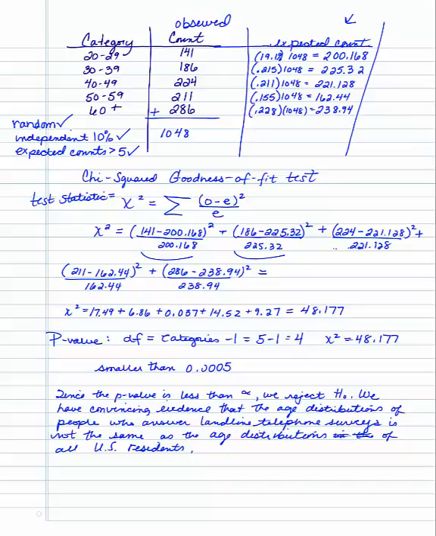Component is another vocabulary word for this chapter. And when we were looking through this x squared line, when we see like 17.49, this is one of the biggest components that's making up that big 48.177.